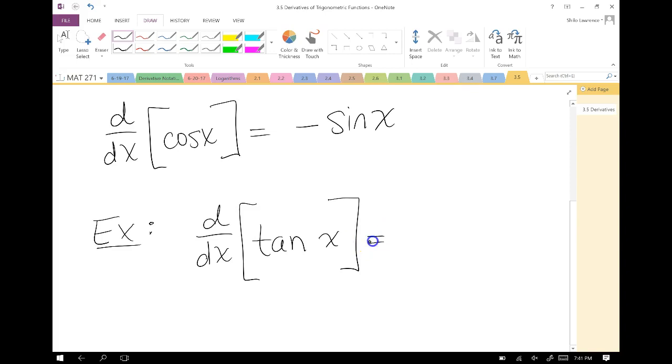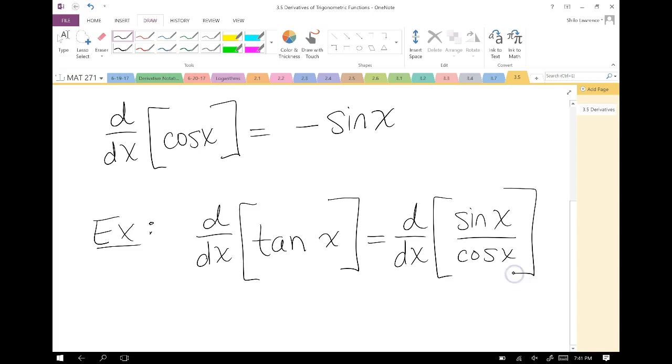So we can write tangent in terms of sine and cosine. So tangent is equal to sine divided by cosine. And if we write it that way, then I can figure out the derivative for tangent by doing the quotient rule, because there is a function of x in the numerator and there's a function of x in the denominator.